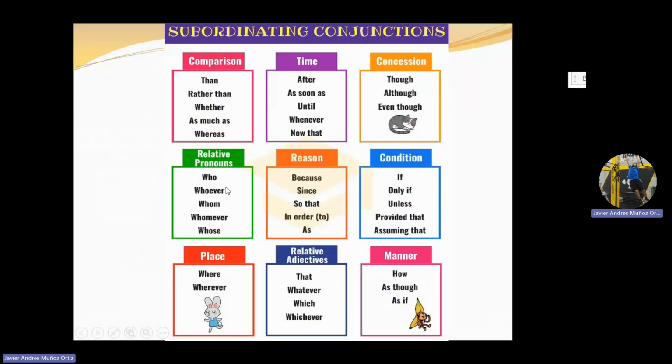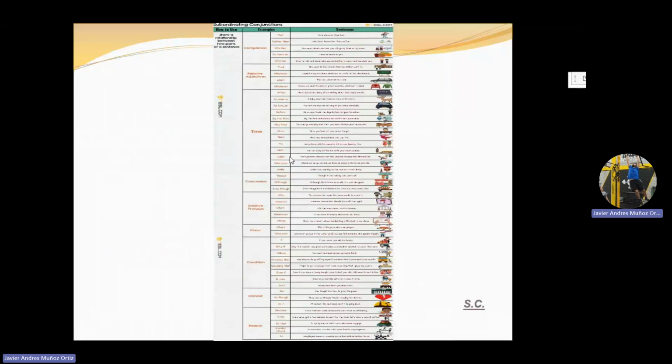We are not going to focus on relative pronouns, conditions, relative adjectives, places, manners, and so on, because this is something for another occasion, right? The learning guide is going to focus only on subordinating conjunctions of time, because these other situations are used in other levels, but it's important to understand the context. ¿Vale?